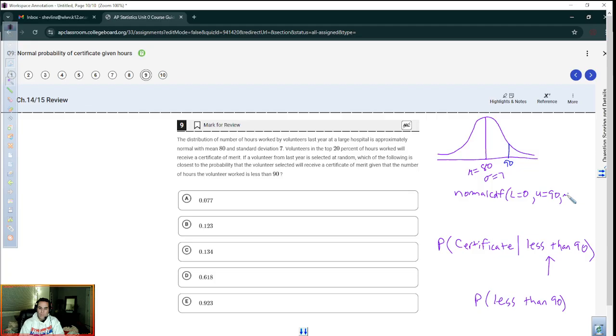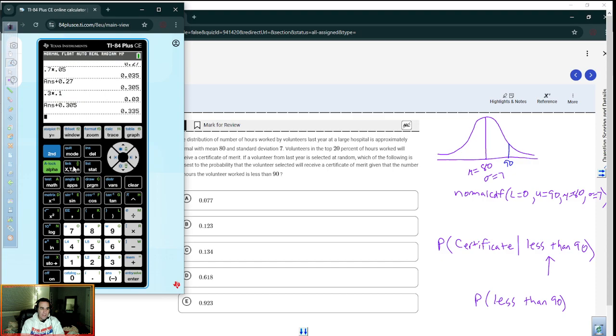So 90 is your upper boundary. Your mean, we already know, was 80. Your standard deviation was 7. Go to your calculator, type that in. Let's see what we get. Normal CDF. I'm just going to leave in negative infinity, 90, 80, and 7.